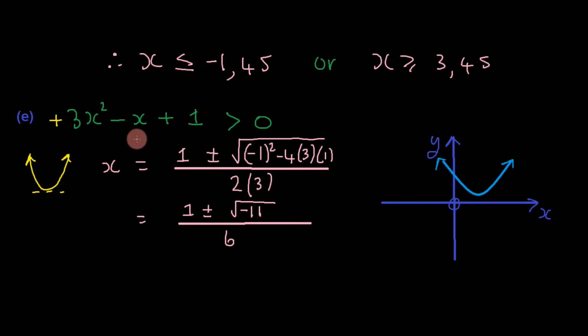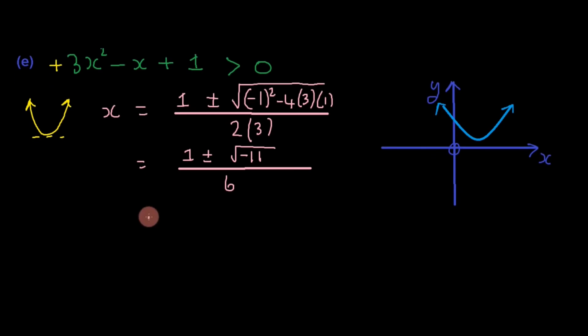For which x values will it be above the x-axis? And we can see that for all x values. So then our answer in this case will be x is an element of real numbers. So the entire real line, the entire x-axis.